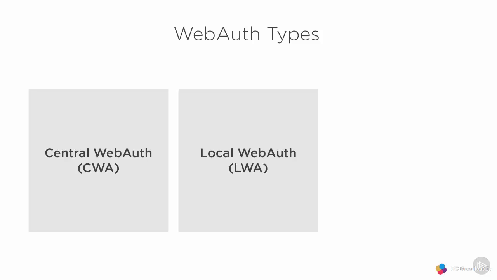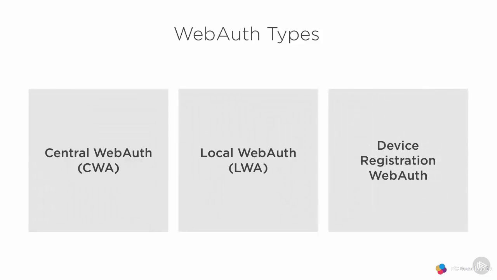Okay, so one other WebAuth type that you should be familiar with, and that is known as device registration WebAuth. And in device registration WebAuth, what we'd be talking about here is simply the ability to register the MAC address of your device with ISE or with a central database.